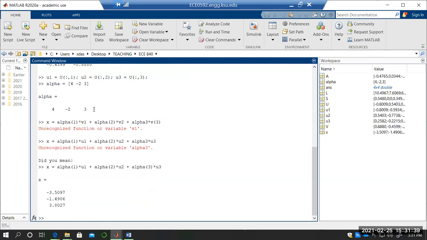What's the length of X? It's actually the square root of 4 squared plus negative 2 squared plus 3 squared, right? So the length of x would be the same thing as the norm of alpha. Agree?